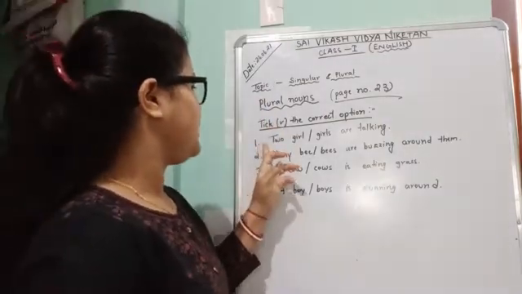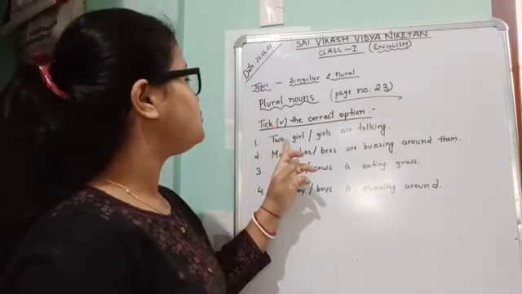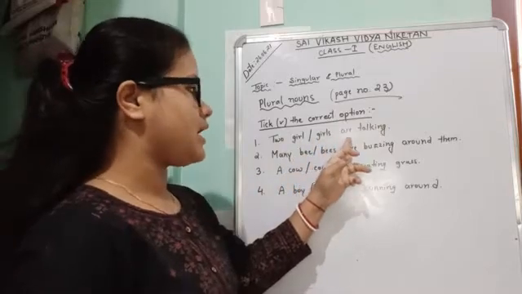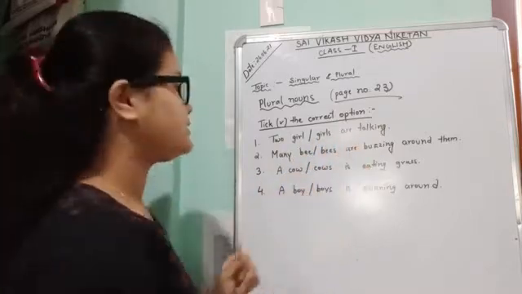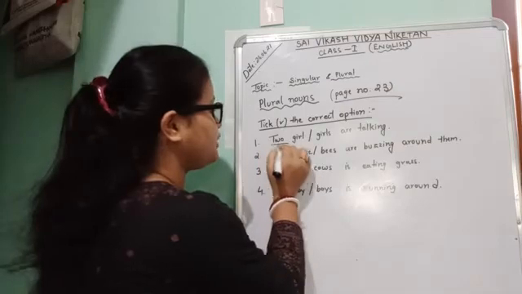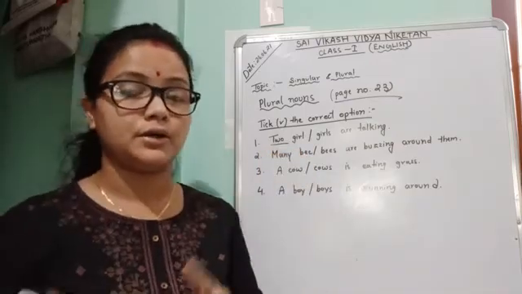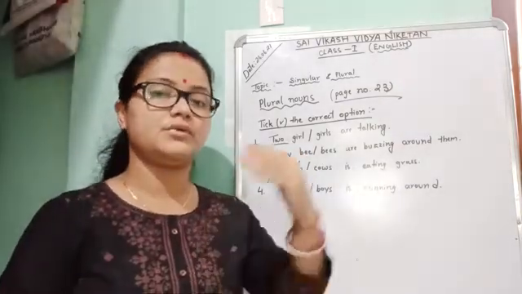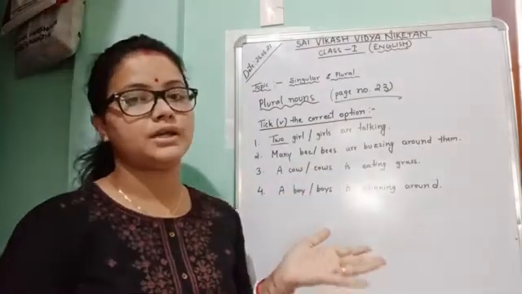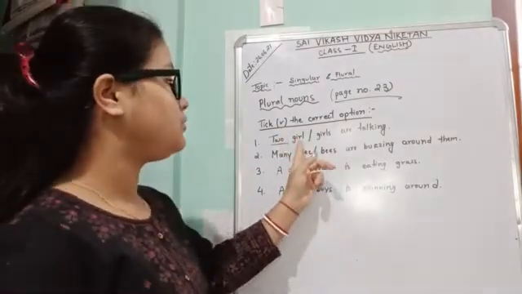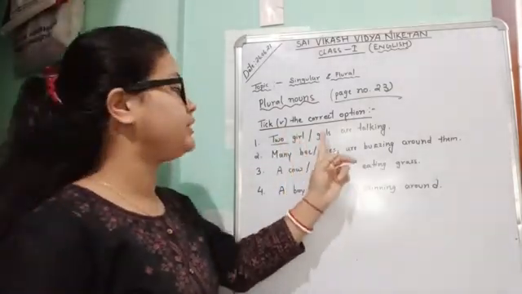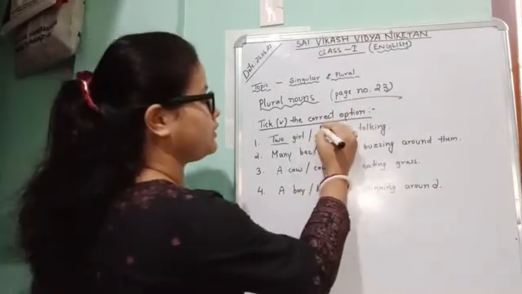So here we have a sentence like two girl or girls are talking. We can see two. Two means more than one girl. More than one item means plural noun, as we know. So two, not girl. It will be two girls are talking.